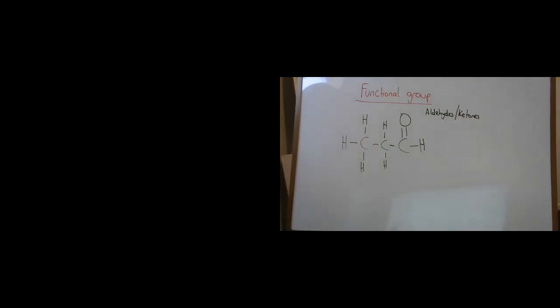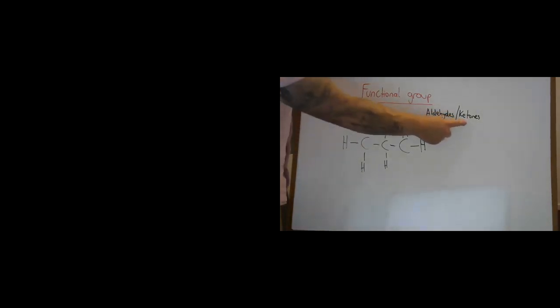So the big aldehydes and ketones both have this functional group, the carbon to oxygen double bond. Aldehydes, you can recognize them because they're always on the end. So they'll always be attached to a hydrogen. Whereas with our ketones, they still have this same group here, but instead it is on the middle carbon.